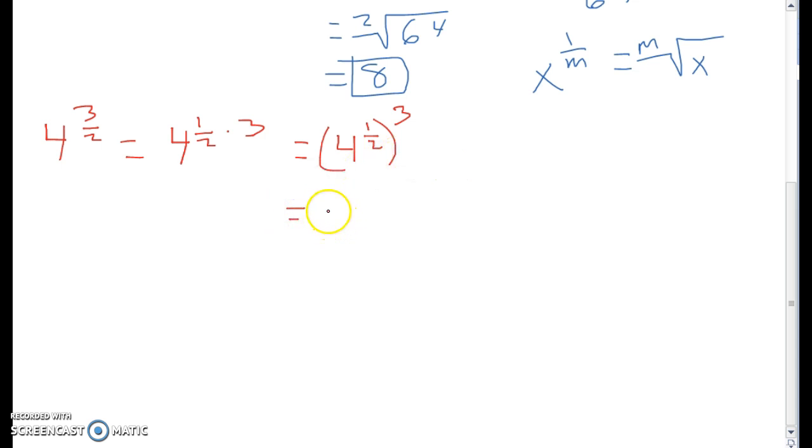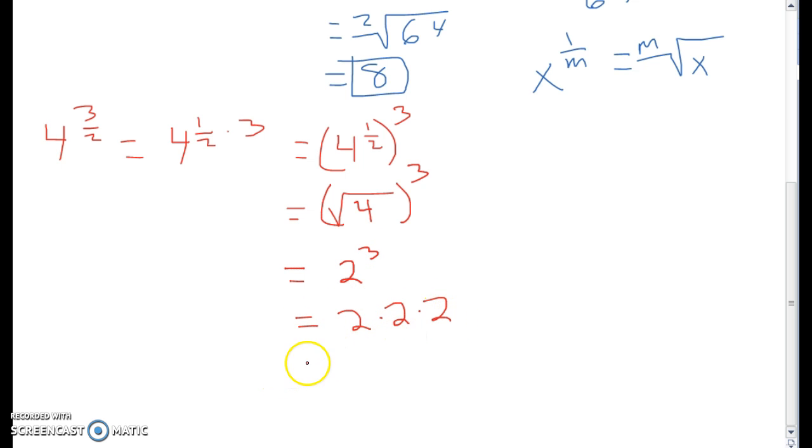Well, 4 to the 1 half is just the square root of 4, to the 3rd power. And the square root of 4 is 2, so this is 2 to the 3rd. And 2 times 2 times 2 we know to be 8. So that's just another way to look at what we are doing.